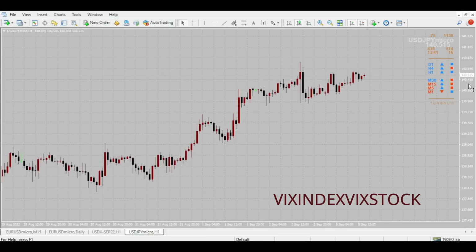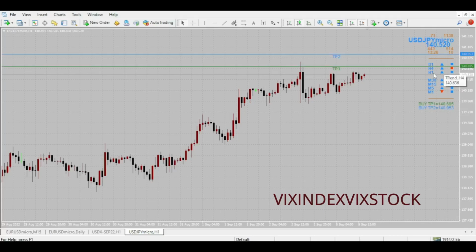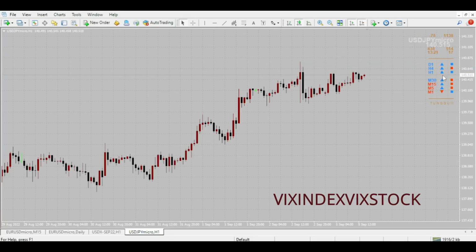So from the onset, you can already see what it's telling us. It's telling us that on the daily time frame, the trend is up. On the 4-hour time frame, the trend is up. 1-hour time frame, trend is up. So you kind of have a direction already of where you need to be going with your trades.